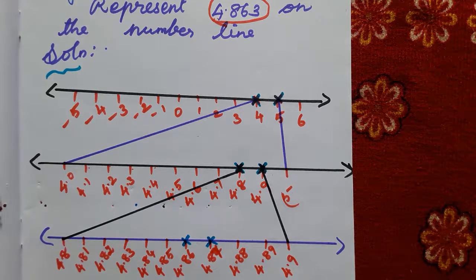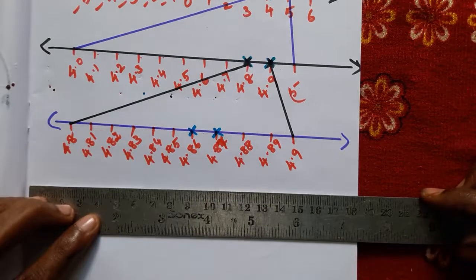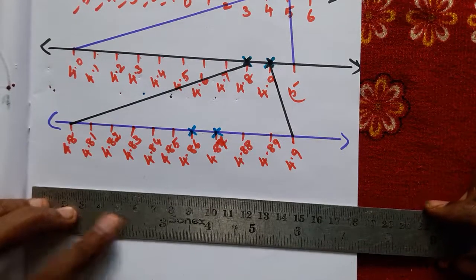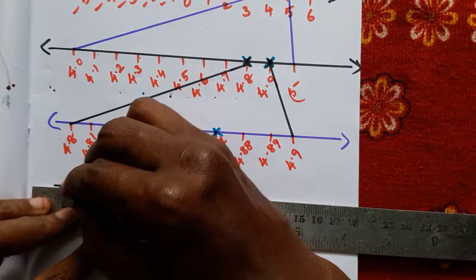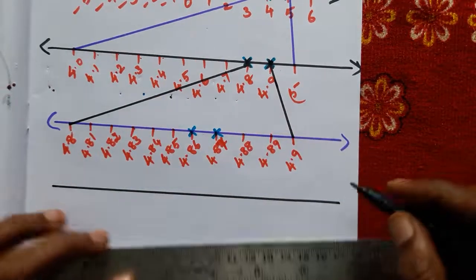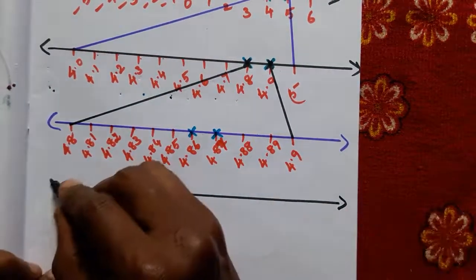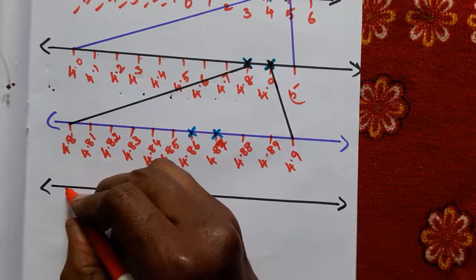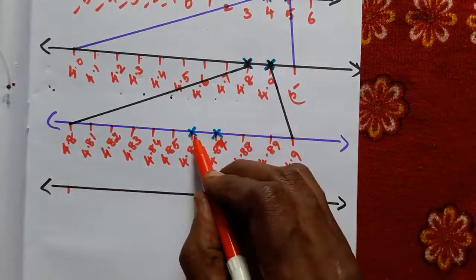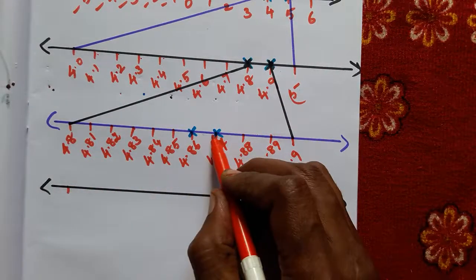Again we have to draw a number line. Which number do we have to start from? Which number did we mark here?